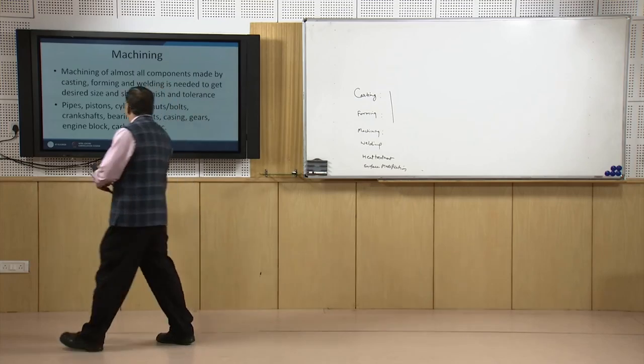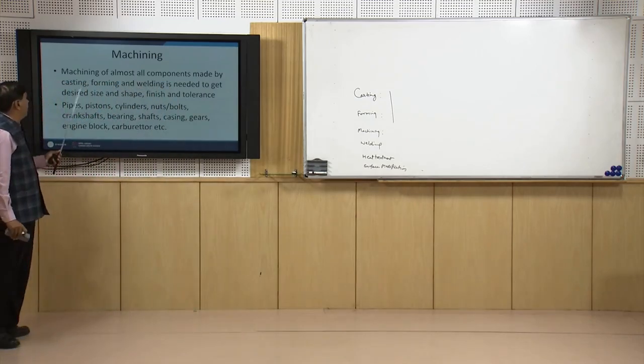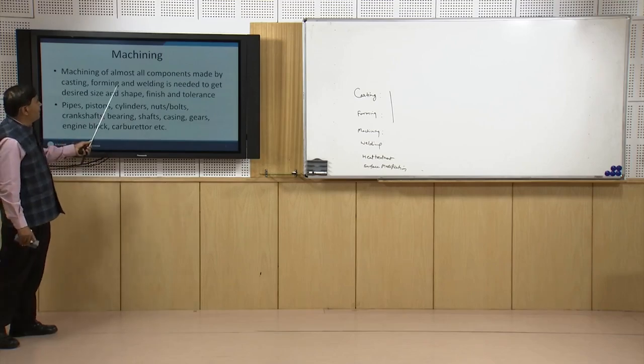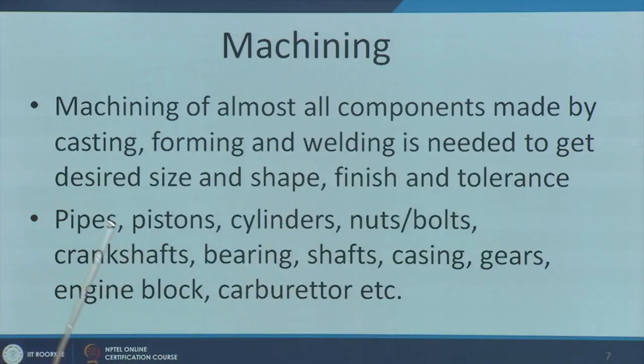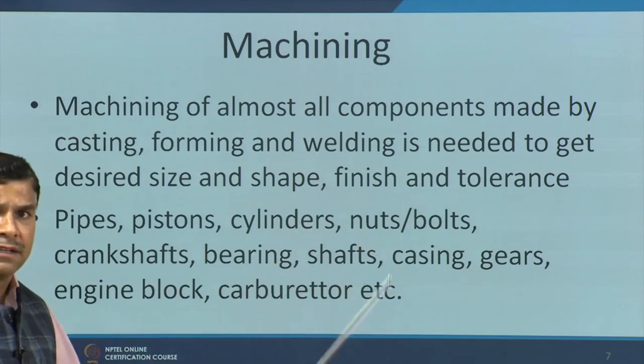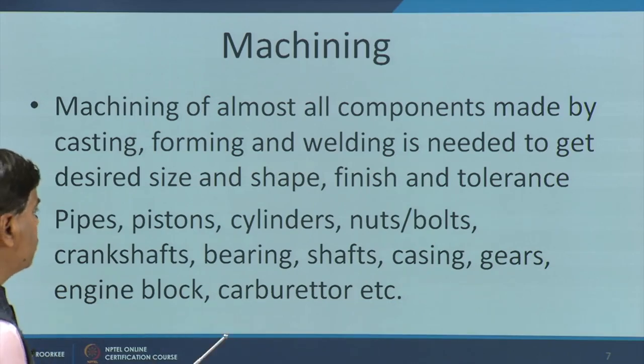The common application of machining includes machining of almost all components made by casting, forming, and welding, which is needed to get the desired size and shape, so that the desired degree of surface finish and dimensional control, or tolerance, can be achieved.